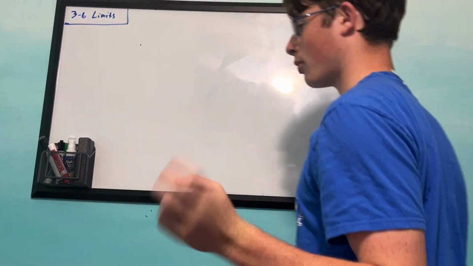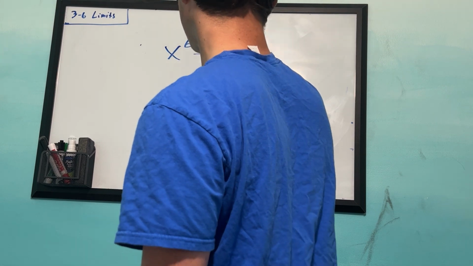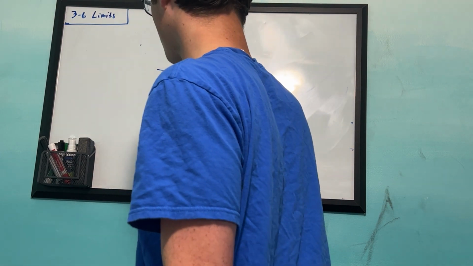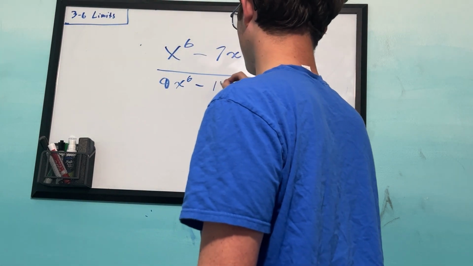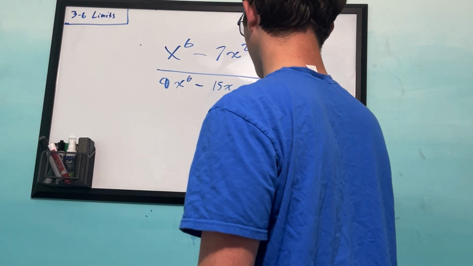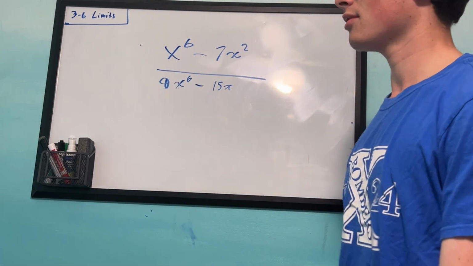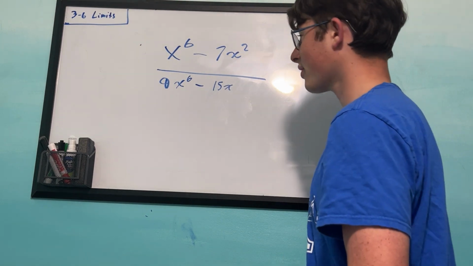And if you want a more quick and dirty method, we'll just use x to the 6th minus 7x squared over 9x to the 6th minus 15x. What we can see is that anything with x to the 6th is going to grow so much faster than anything less than x to the 6th.